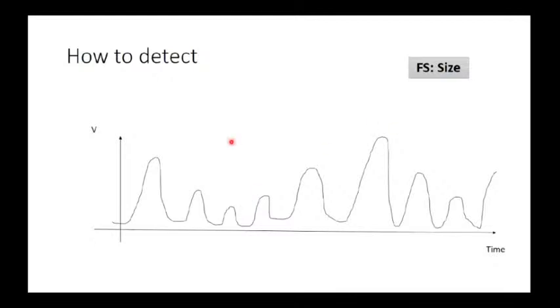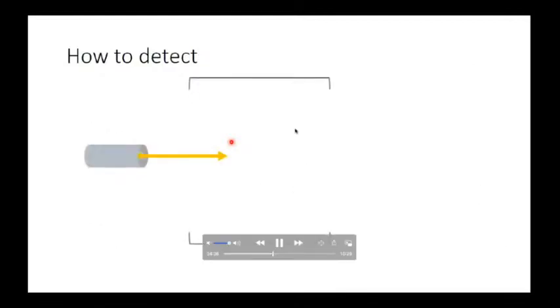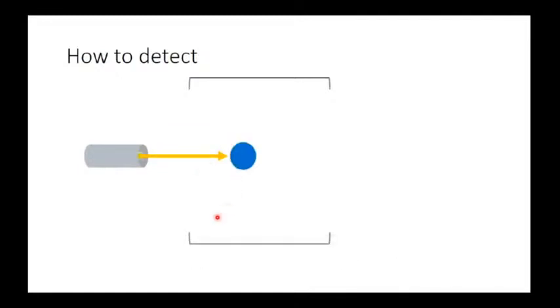The second event happening in the flow cytometer is the side scattered light. So when a cell passes through the laser beam, the cell will scatter the light in a side direction. And this side scattered light is directly proportional to the complexity and granularity of the cell. Why?